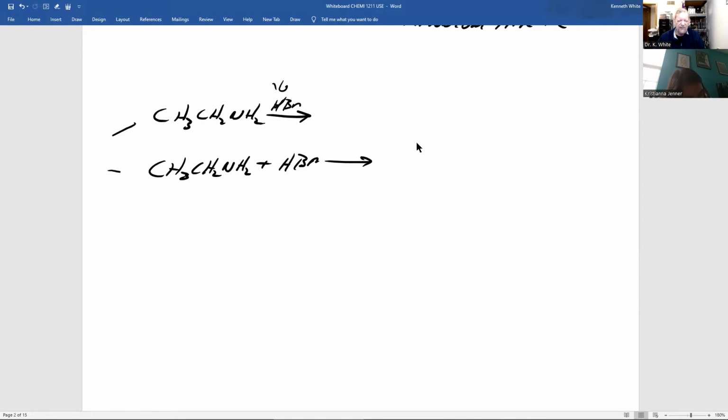These are both the same reaction, just different ways of writing it. And if we look here, what do we have? Ooh, an amine.